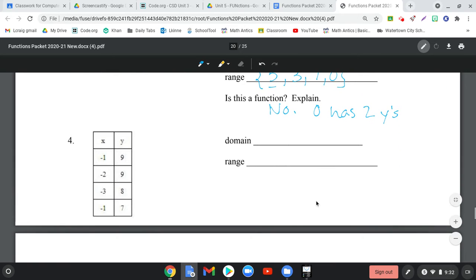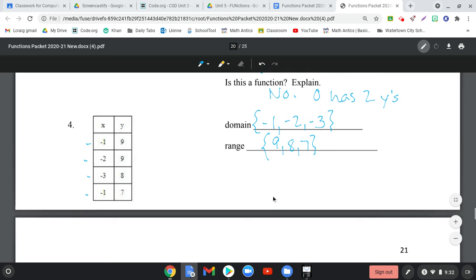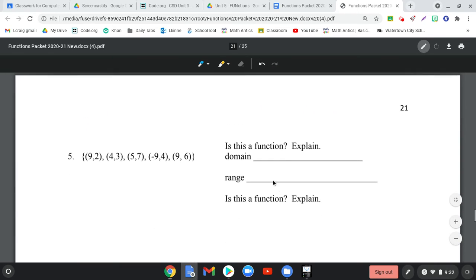All right, last one like this, domain -1, -2, -3, -1 again. But we're not going to list it. 9, 9, 8, 7, so just 9, 8, 7. Is it a function here?